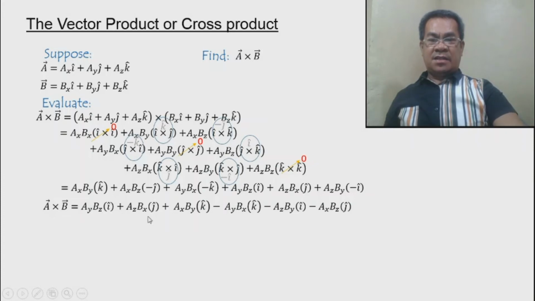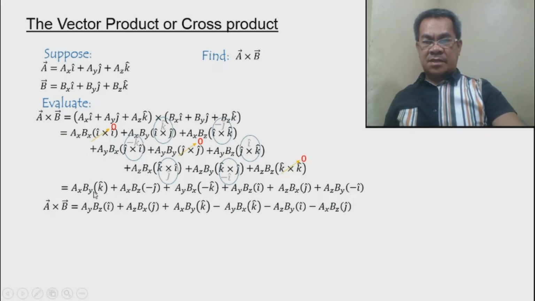Okay, then AZ BX is this one. Then we have AX BY, this is AX BY K. These are the three positives.